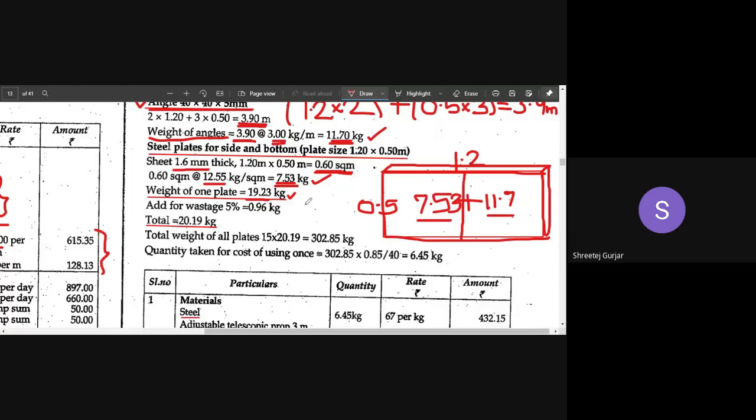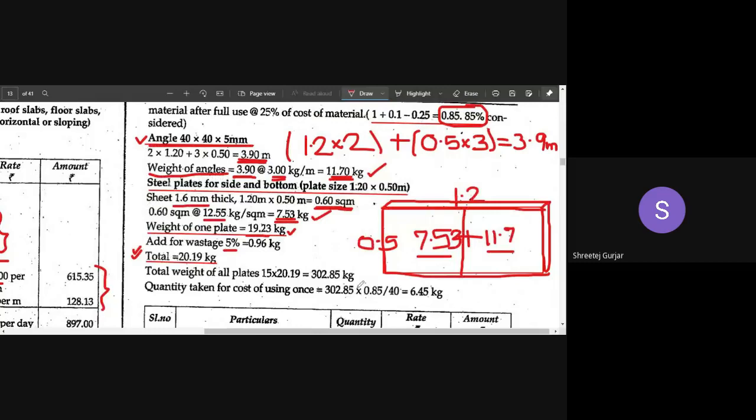Weight of one plate, including the angles. So this is what you have to do now. Add 5% of wastage. You will get the total weight of steel for one panel, including the angles, that is 20.19 kilos. Is this particular calculation clear, guys?